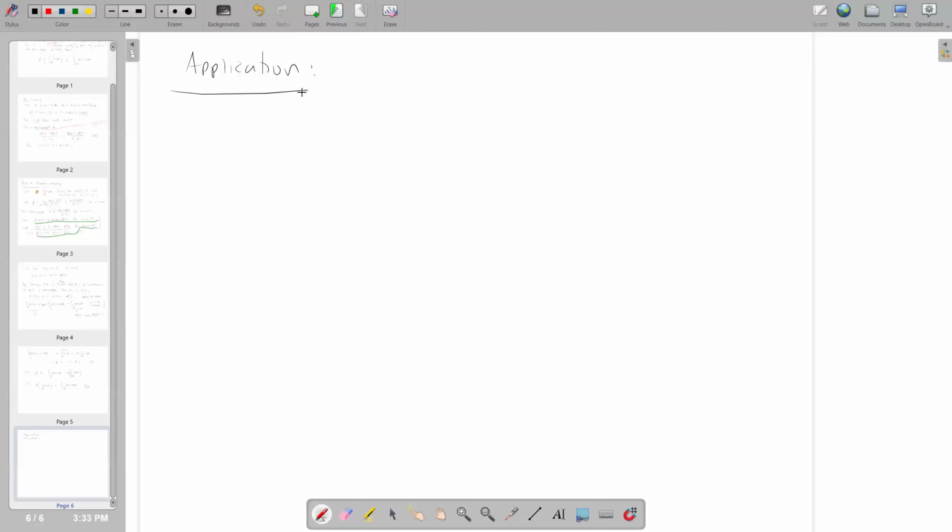So phi of x equals e to the x is convex. Okay.